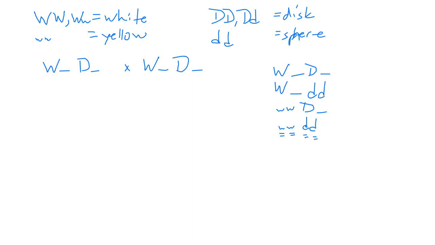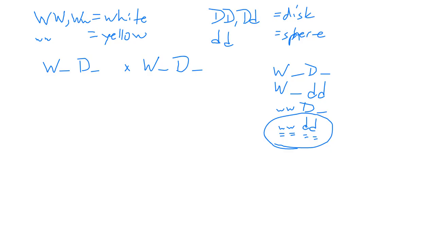So there's actually more than one way to solve this problem. One way is by looking at the possible genotypes that I've written here. And this is the key. We have offspring that are homozygous recessive for both characteristics.